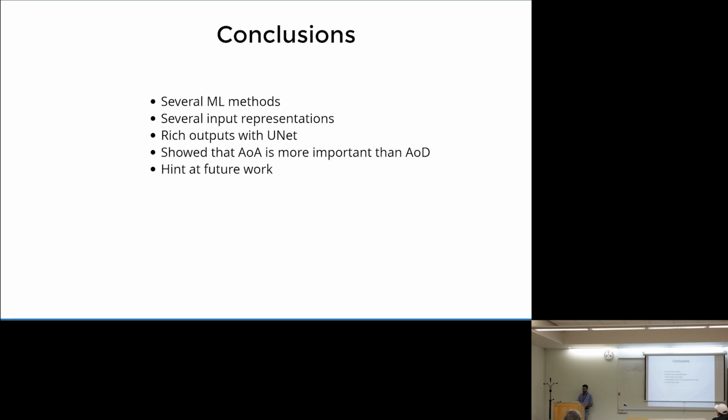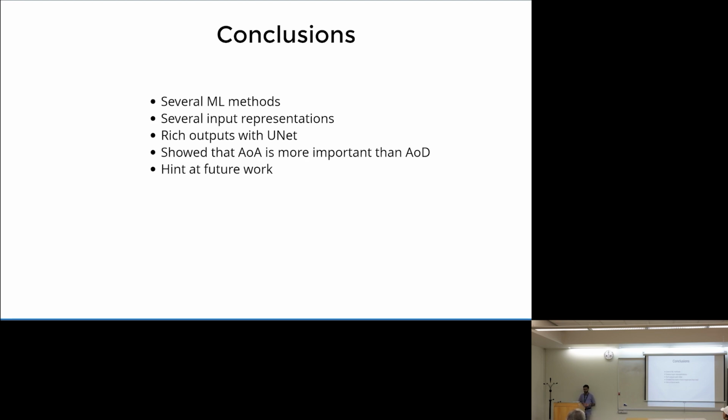So to conclude, we tried several machine learning models with several different input representations. We saw that the UNAT model has rich outputs on top of which we can apply some analysis and also calculate top M predictions instead of one prediction.